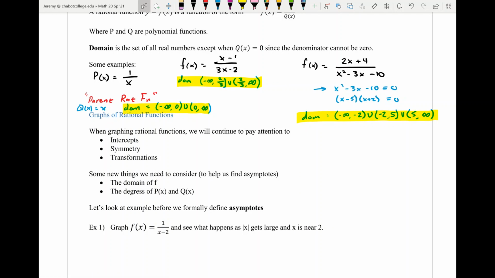But just like when we're graphing any function, we're going to be paying close attention to intercepts, symmetry, transformations, that kind of thing. And then a couple of new things that we need to consider, and this is going to relate to asymptotes, we have to consider the domain of f and the degrees of the numerator and denominator functions.